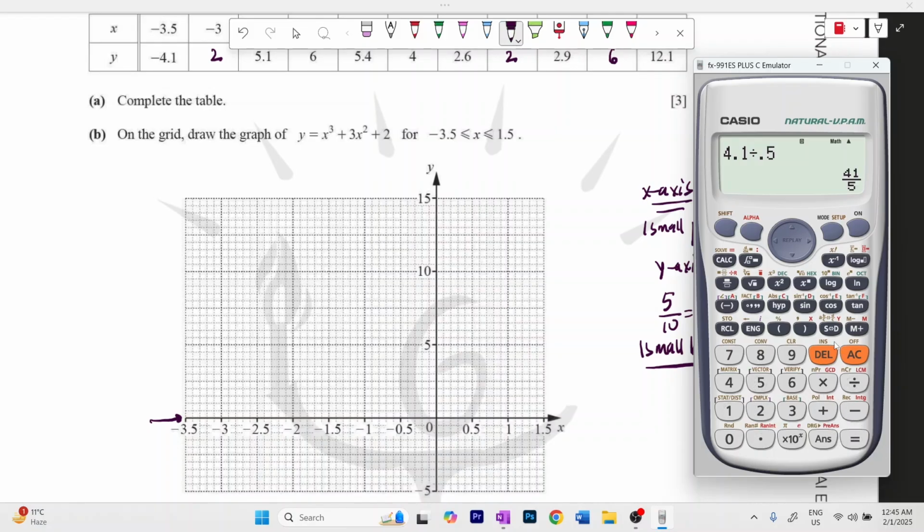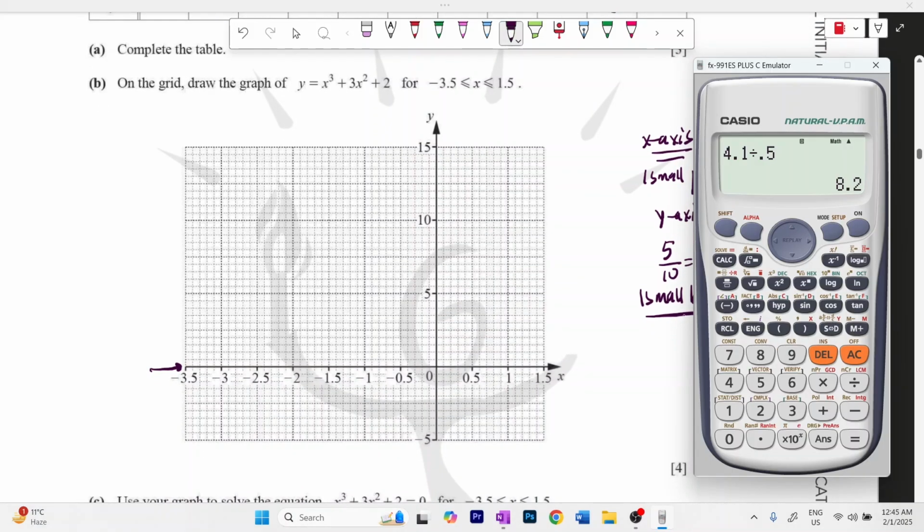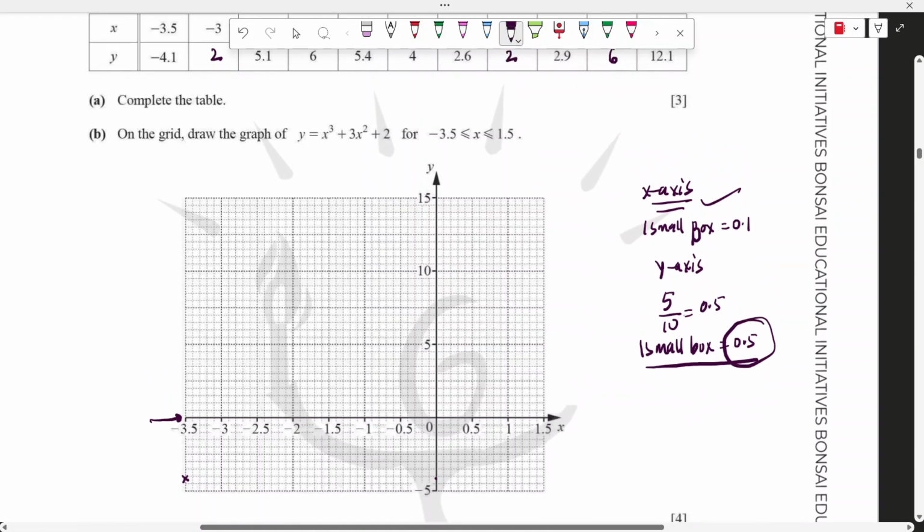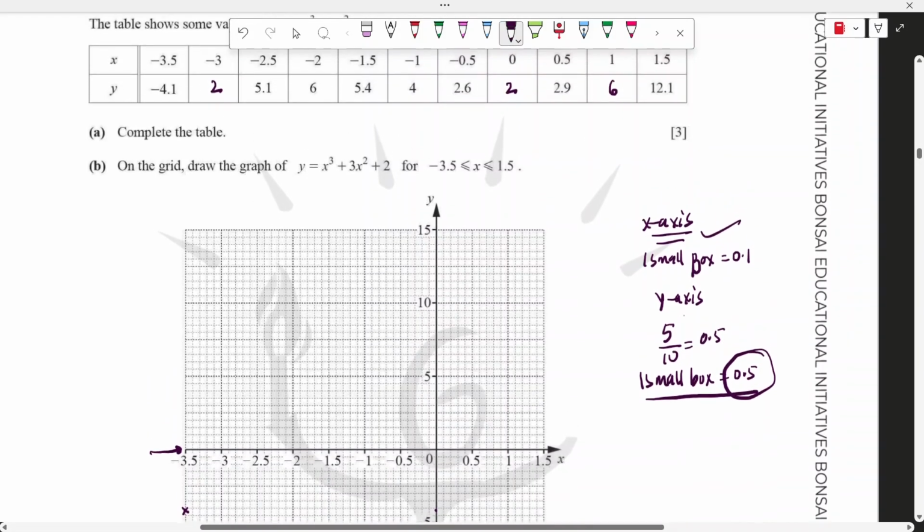We got 8.2, so we have to find 8.2 boxes going down. This is 10, this is 9, this is 8, and it is going to be approximately here. So the first point I have plotted here.